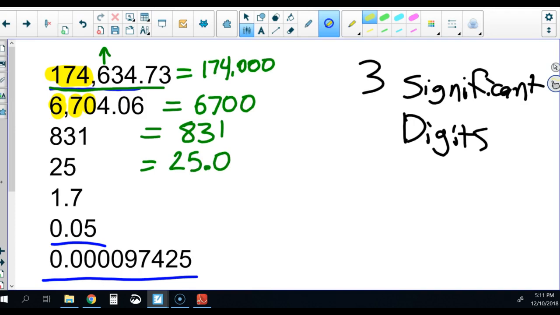That 0.0 tells you how exact we're being. If you're doing something with science, and I'm measuring the length of, I don't know, a stick, if I say it's 25 centimeters, you might think I'm rounding. You might think it's about 25.